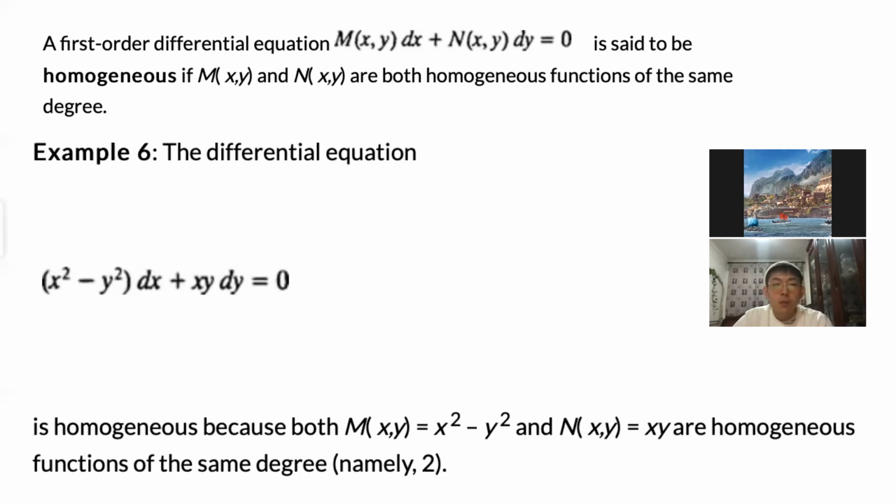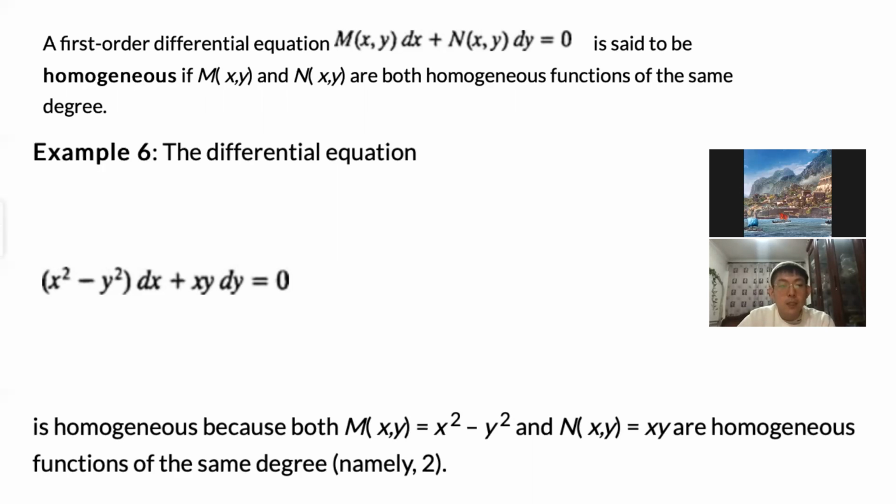A first order differential equation M(x,y) dx plus N(x,y) dy equal to 0 is said to be homogeneous if M(x,y) and N(x,y) are both homogeneous functions of the same degree.